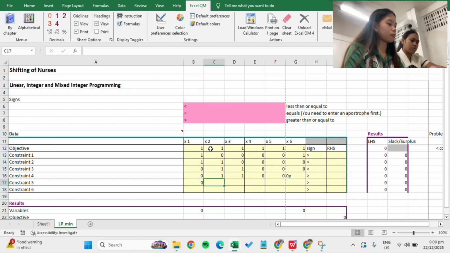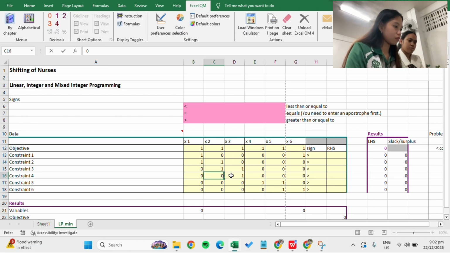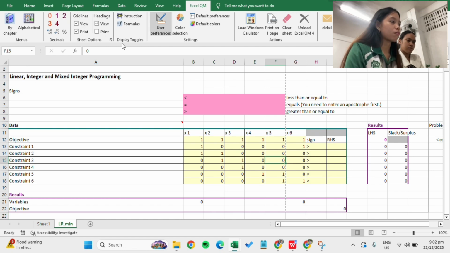Constraint 6: 1, 0, 0, 0, 0. X5, 1. X6, 1.